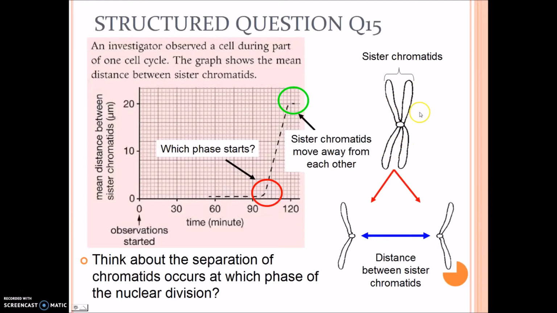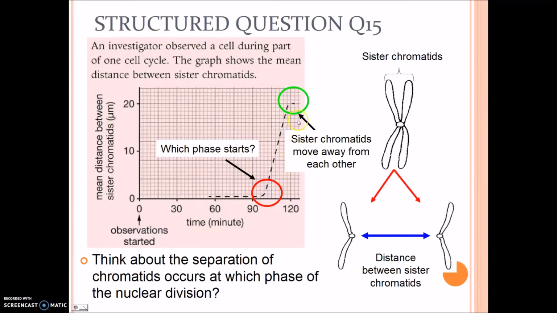After that, at a particular phase of the nuclear division, you tell me what the phase is, the sister chromatids separate from each other, and then you will have the distance between them. Once they separate, you will get some data, from 0, separating a little bit, or maybe 1, 2, 3 up to 10, something like that. So which phase will start at this point?